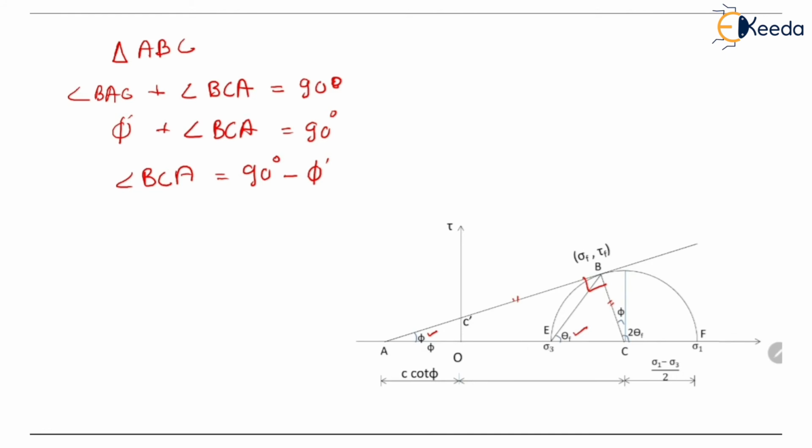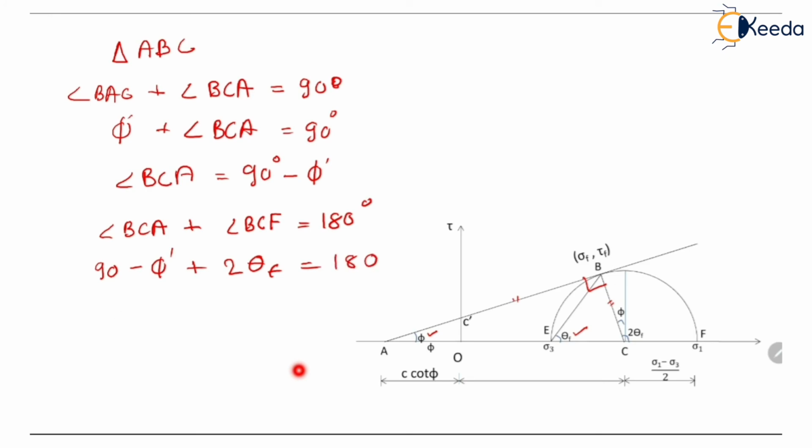Similarly, from the figure we can see that angle ACB or angle BCA plus angle BCF is equal to 180 degree because it makes a horizontal line. But angle BCA is 90 minus phi dash and angle BCF is 2 theta f, which is equal to 180 degree.